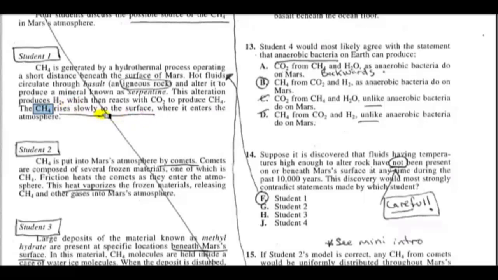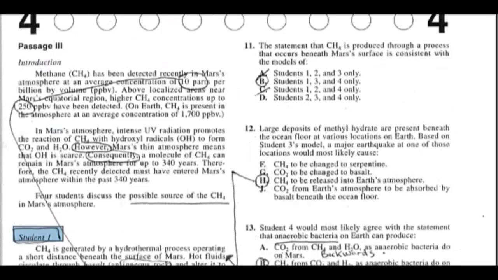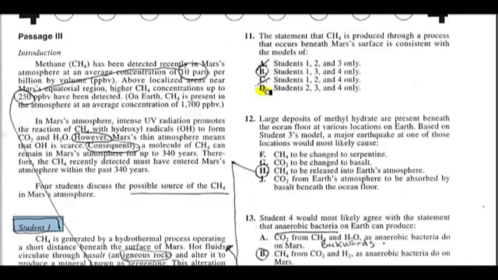Well, if it rises slowly to the surface, where did it originate from? It originated from below the surface. So that means that student number 1 will indeed believe that it originated from below the surface. So that means right away answer choice D can be crossed out. Student number 1 believes that CH4 occurs beneath Mars' surface.